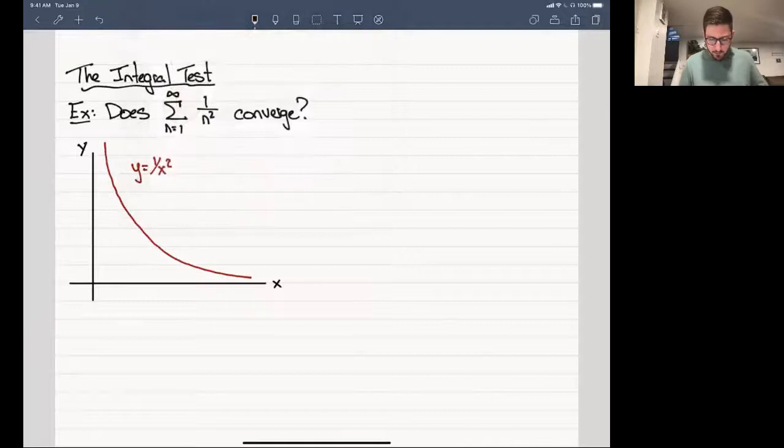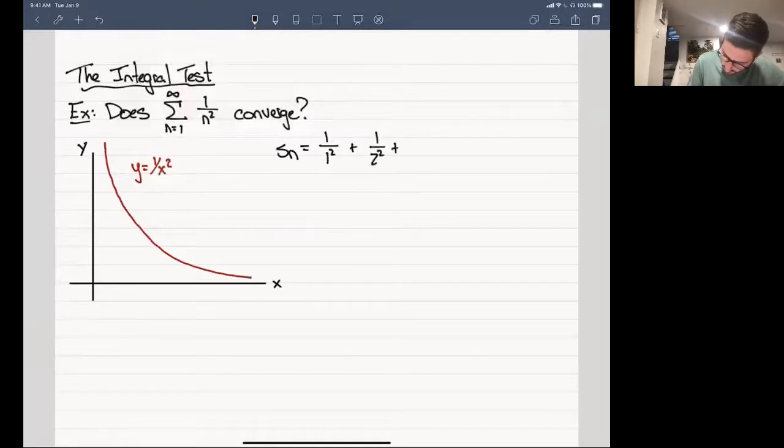Here's what I'll do. First of all, my partial sum is equal to, say, 1 over 1 squared plus 1 over 2 squared plus 1 over 3 squared, all the way up to 1 over n squared.